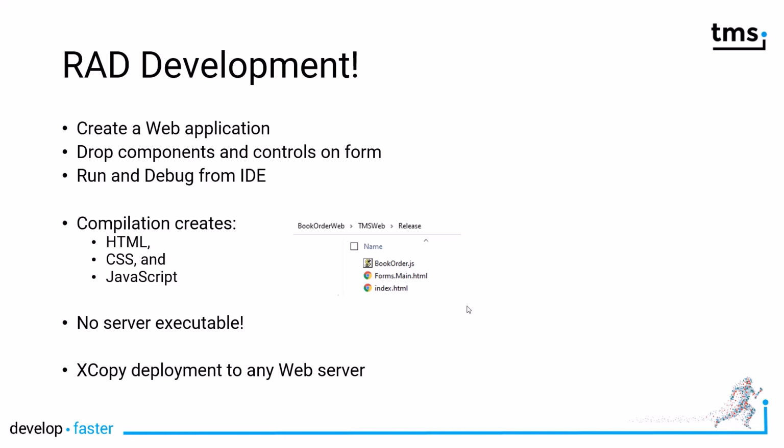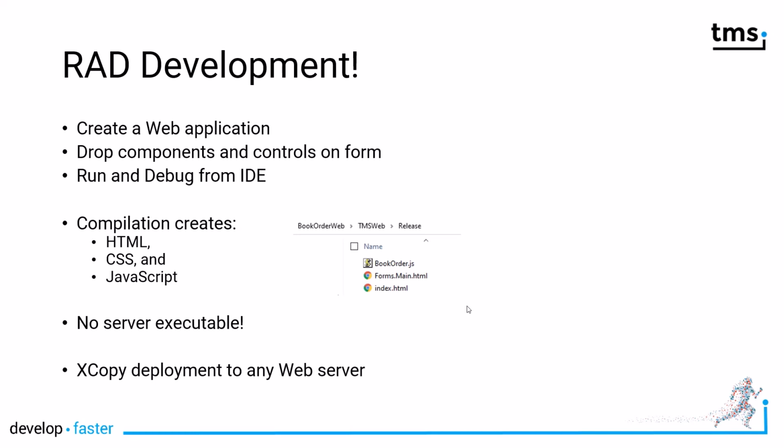As a major difference to other web frameworks that are available for Delphi, TMS Web Core does not create a server executable. TMS Web Core applications are true JavaScript plus HTML applications. Of course, the resources that you might add, like configuration files and images, will have to be deployed in the web as well.